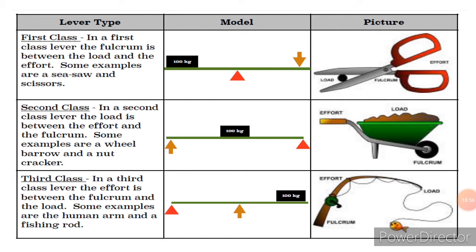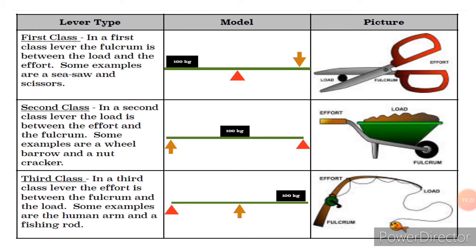And then in the second class lever, you will have the load in between the effort and the fulcrum. And finally, in the third class lever, you will have the effort in between the fulcrum and the load.